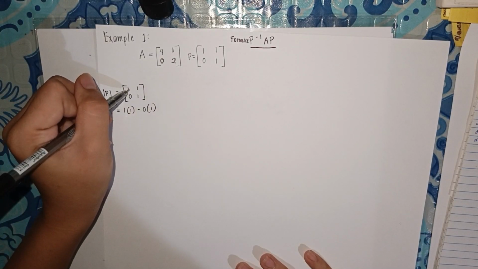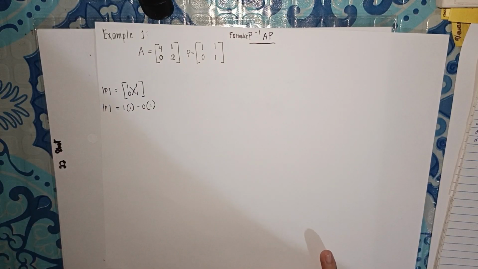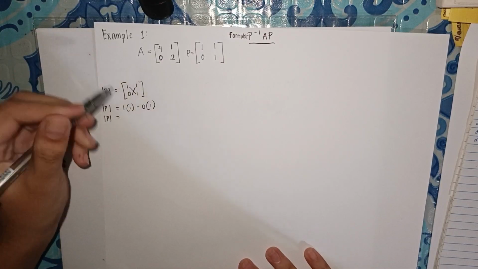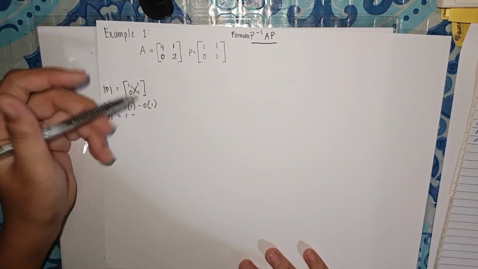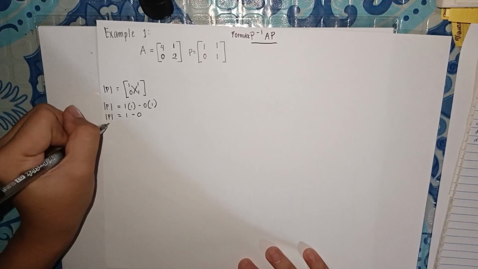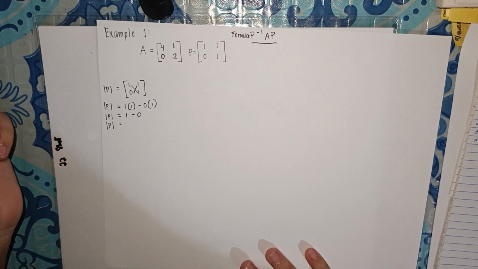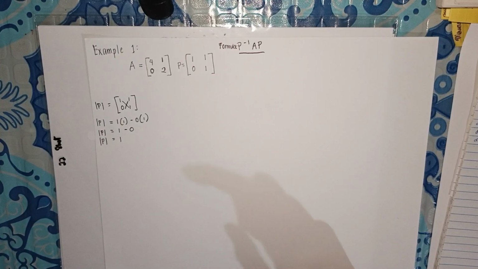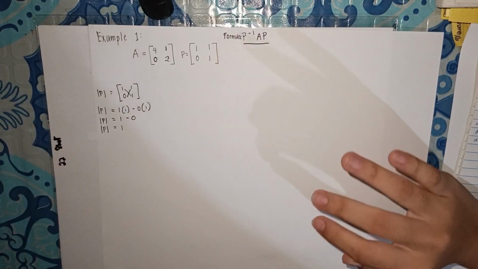So, determinant P is equal to 1 times 1 is 1 minus 0 times 1, 0. So, the determinant P is 1 minus 0, 1. So, the determinant of matrix P is 1.